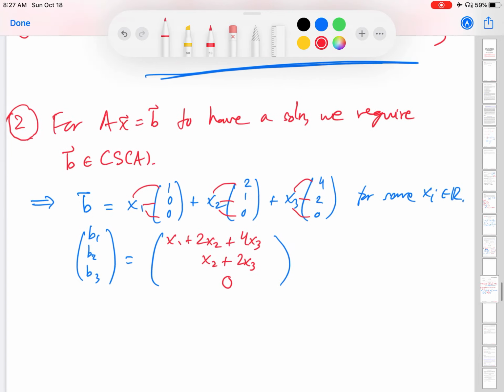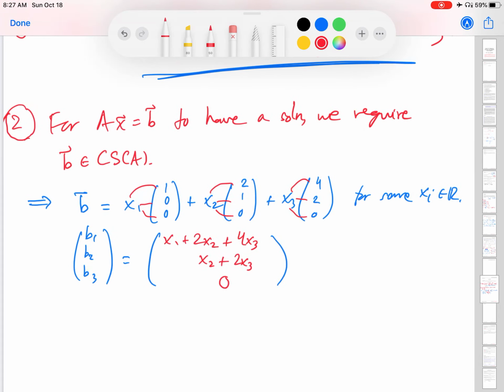So this is what the relationship must be between the components of b and the unknown coefficients x1, x2, and x3 in this linear combination up here. Right?